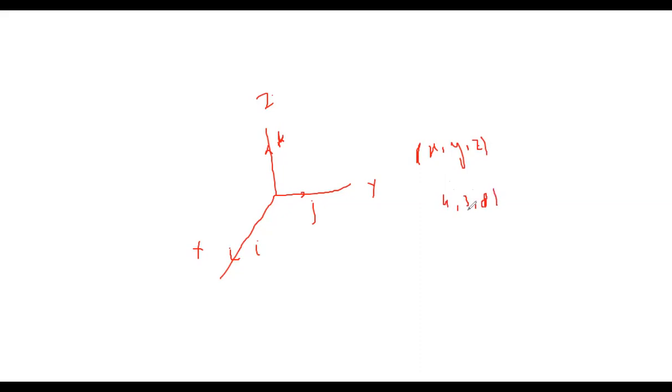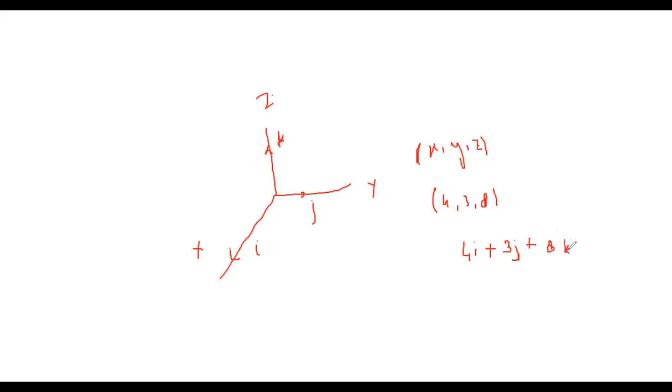So when I say 4, 3, and 8, it means 4i, because the i is the x point, plus the second ordered pair shows the y point. Here y is 3, so it is 3j, plus 8k.